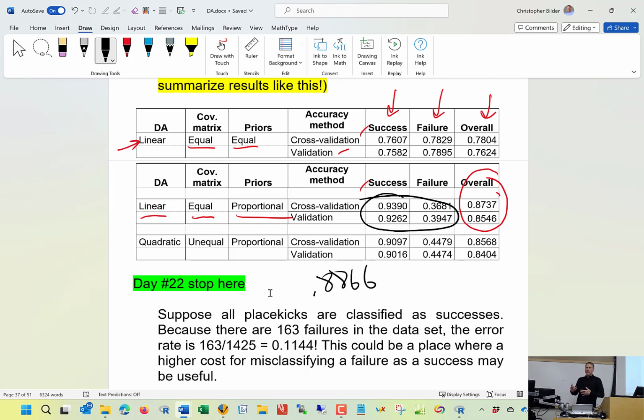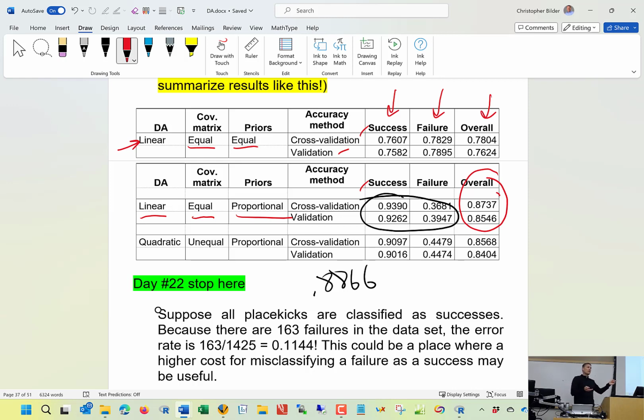But one of the reasons why I like to bring this up when I teach this topic is that you may, outside of this class, face a similar situation where you have such an uneven distribution of your 2 groups, or 3 groups, or 4 groups, however many groups or populations you have. And because of that unevenness, something like this could happen.